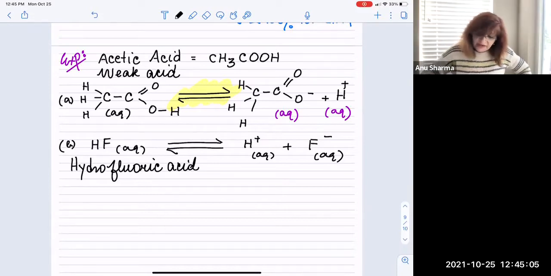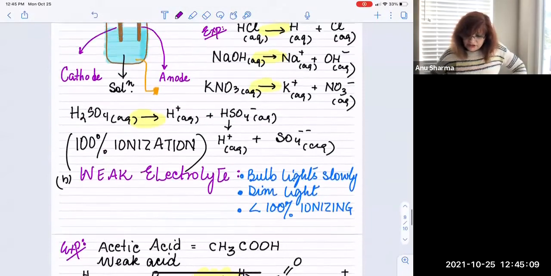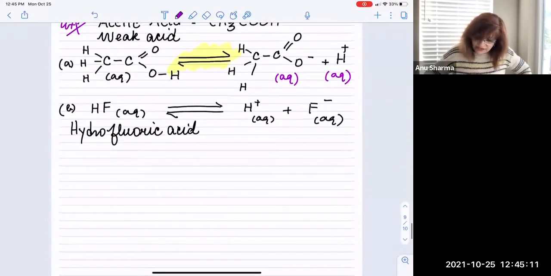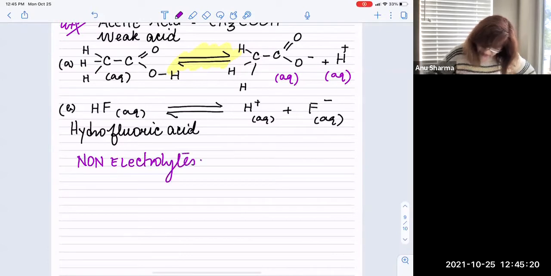You see that. Next is the non-electrolytes. Electrolytes are strong, weak, and then the third is the non-electrolyte. So what are non-electrolytes?